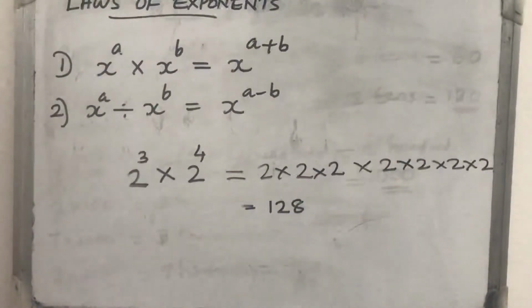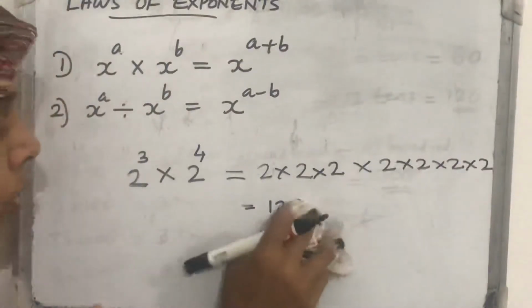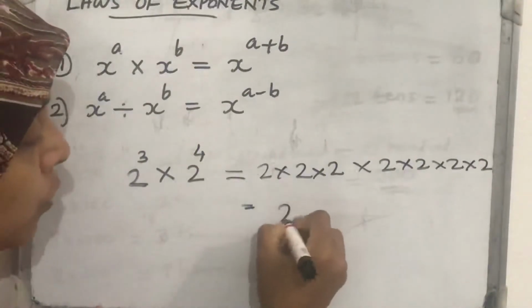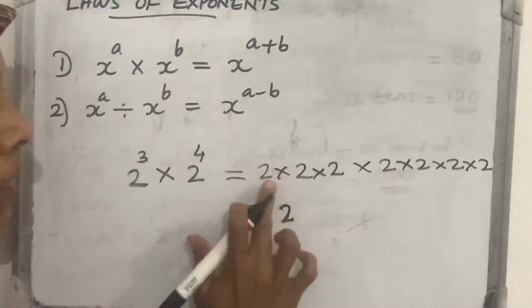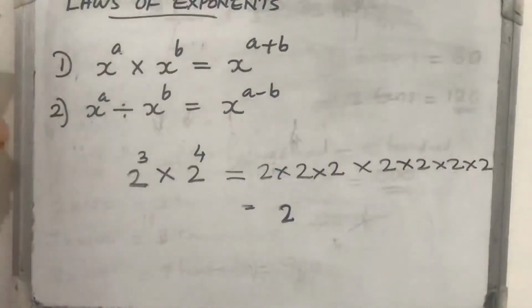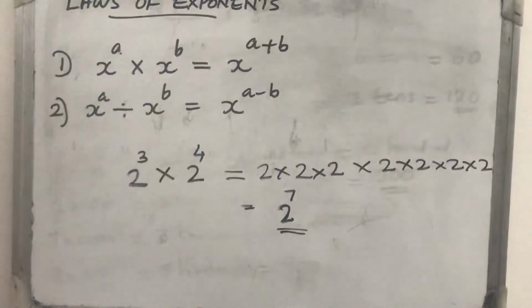So the same multiplication we can do. Otherwise, we can write it in exponential form. No need of finding its value. We can write this in exponent form. 2 raised to how many? 1, 2, 3, 4, 5, 6, 7. 7 times we are multiplying 2. So its answer we can write as 2 raised to 7.